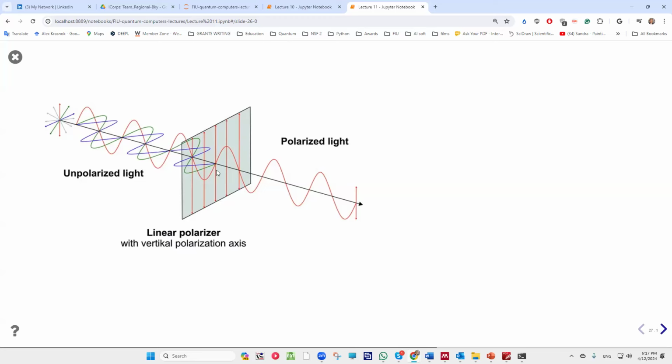For example, this polarizer on the picture allows light, which can initially be polarized in all different directions, like sunlight where the polarization of the photon is not defined, to pass. The polarizer allows only the polarization that aligns with this polarization axis to pass through, and it blocks, either reflects or absorbs, all other polarizations.